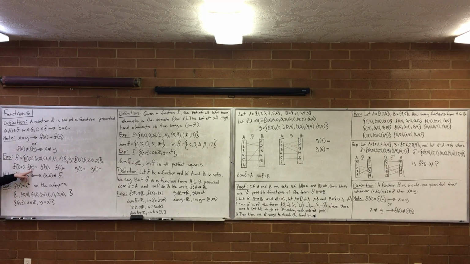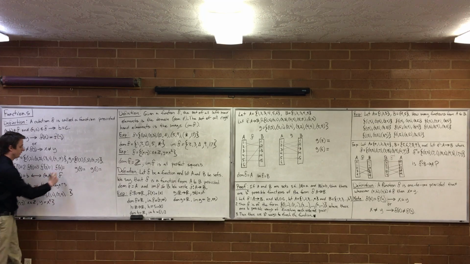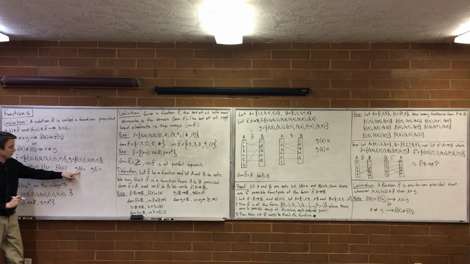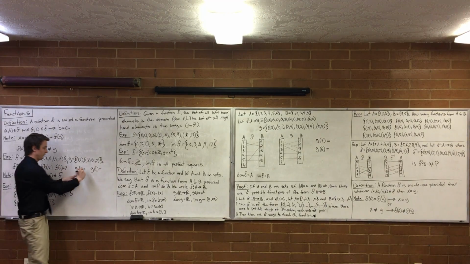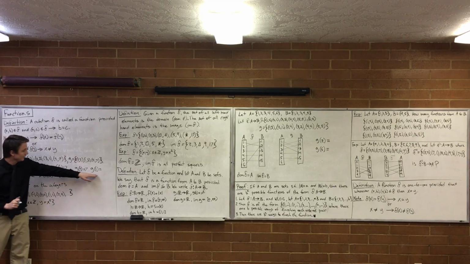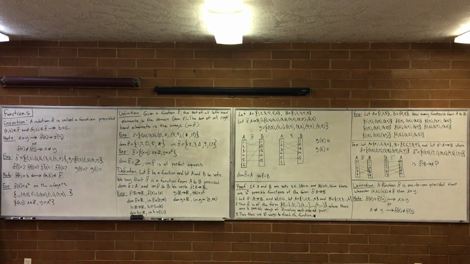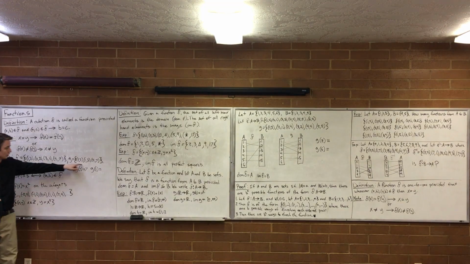So what's F of 2? 3. What's F of 3? 1. What's F of 4? 7. Perfect. What's G of 4? 7. What's G of 1? 2 and 3. Ah, problem. See how we can't do G of 1? It doesn't make sense. It's not well defined. Is it 2 or is it 3?